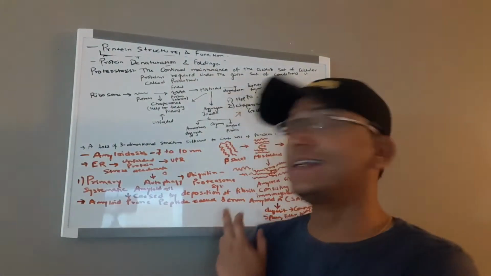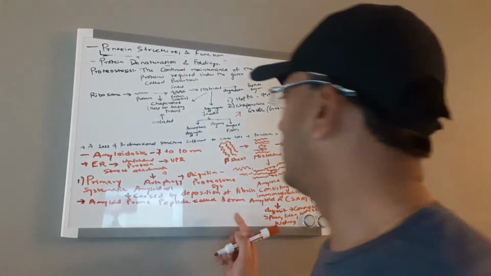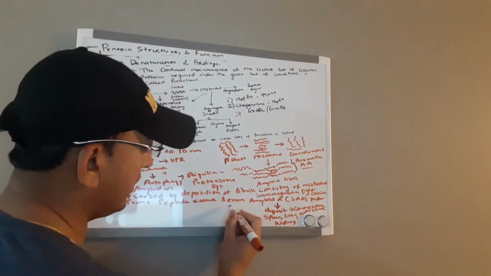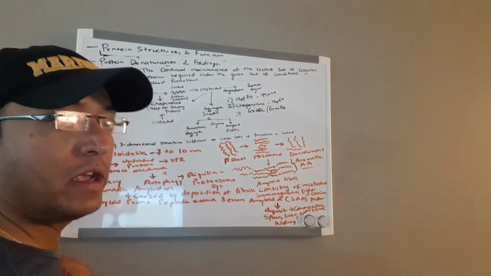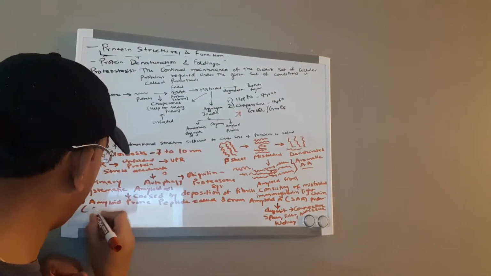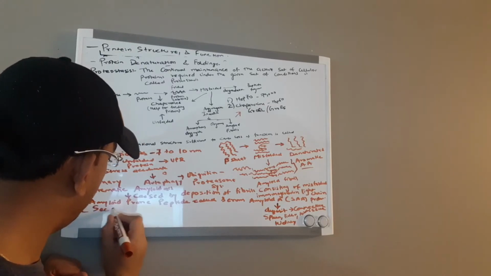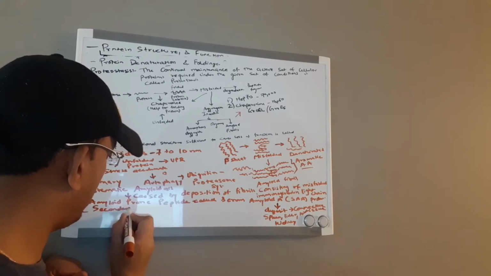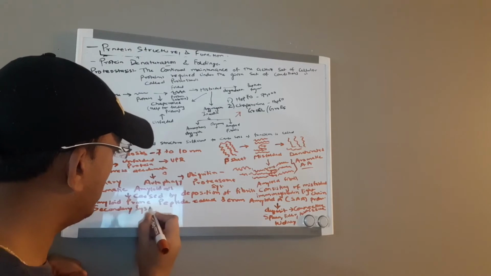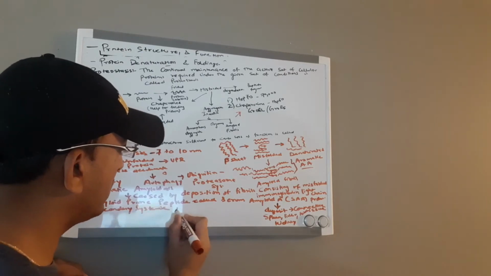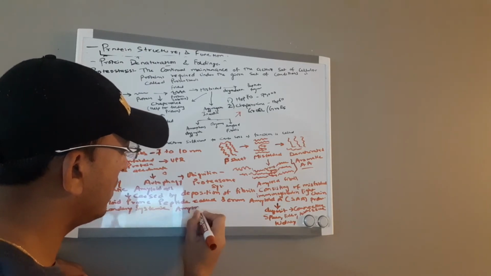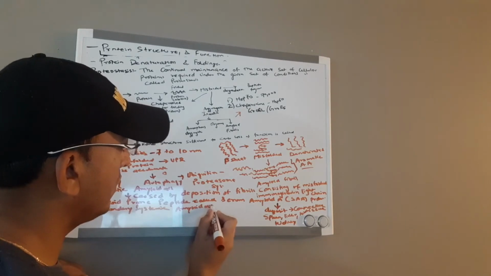People with this condition have what is called secondary systemic amyloidosis. So I will write it down here: secondary systemic amyloidosis.